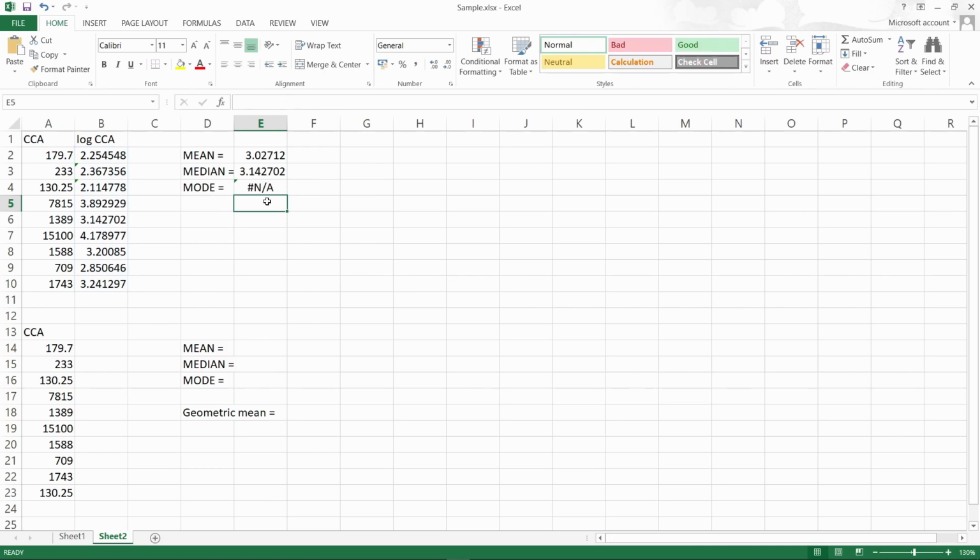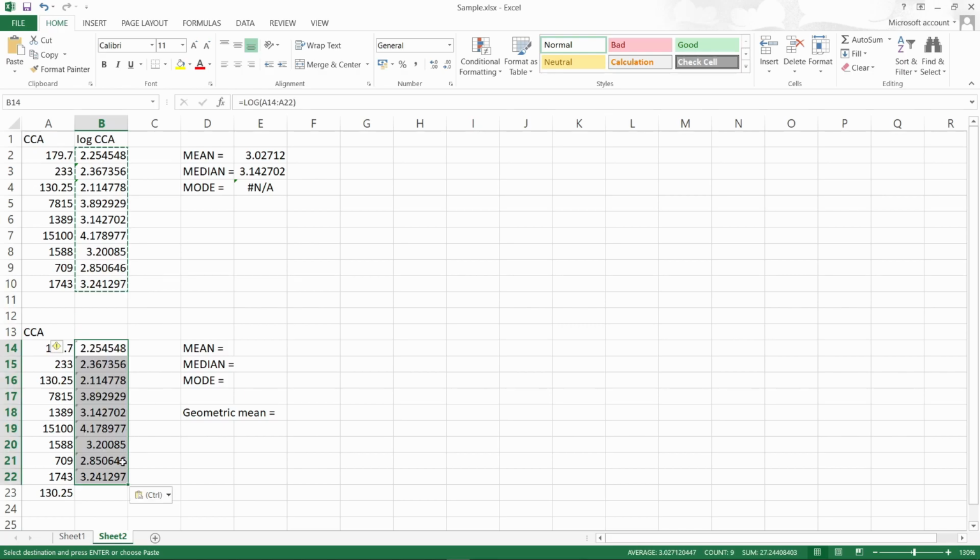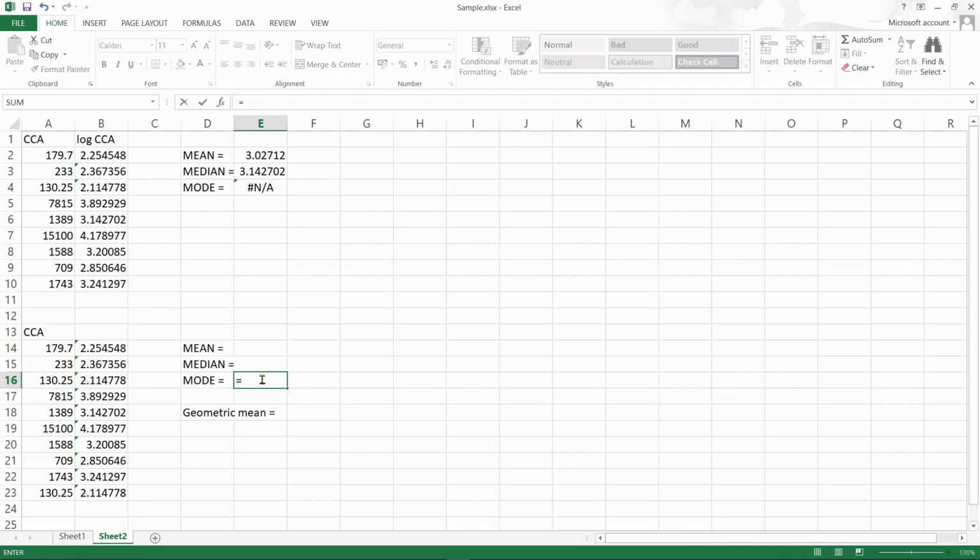Mode is not available because none of the numbers occur more than once. So if you look at this, I've replicated one data point here. Okay, so it should work.